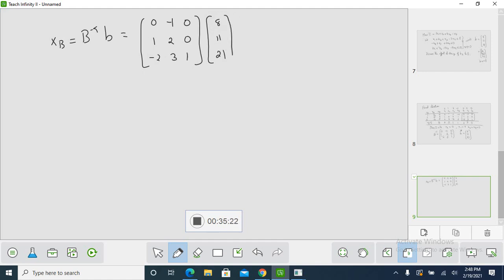So the first row into this column vector is 8 into 0 is 0, minus 11 plus 0. See, the first entry itself is negative, so not feasible. Then next is 1 into 8 is 8, 8 plus 22, 30. Then minus 16 plus 33 will be 17, 17 plus 21, I will have 34.